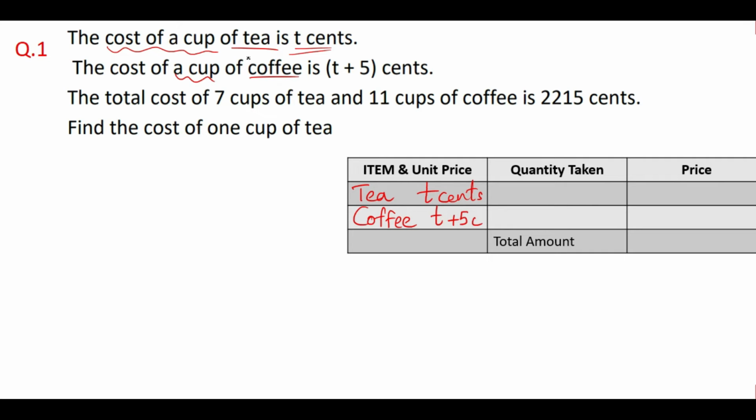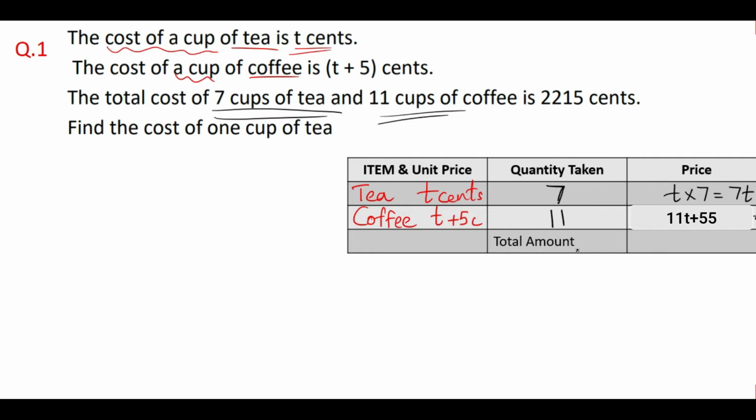Moving on to the quantity taken, you have 7 cups of tea and 11 cups of coffee. So the price that you have to pay for the 7 tea cups will be T multiplied by 7, which is 7T cents. And for the coffee, T plus 5 will be multiplied by 11. You have 11T plus 55 cents.